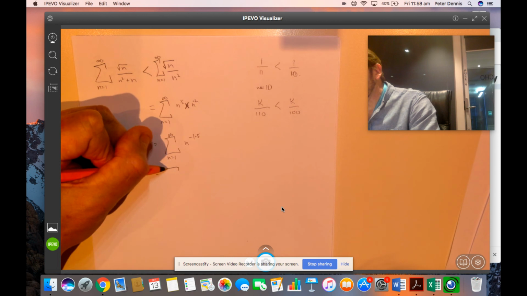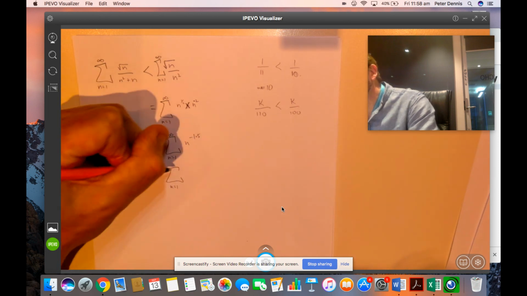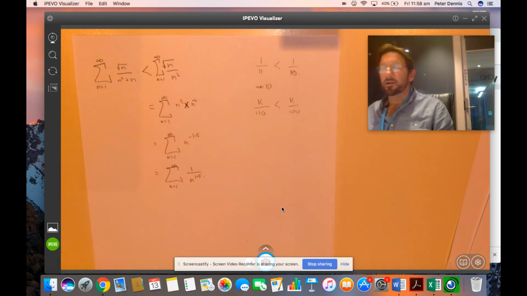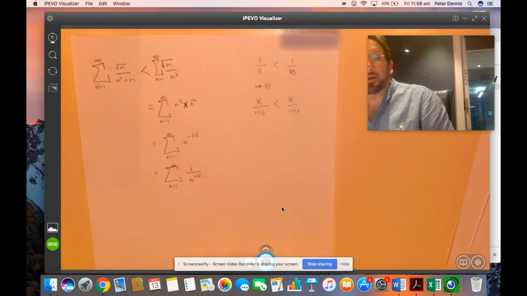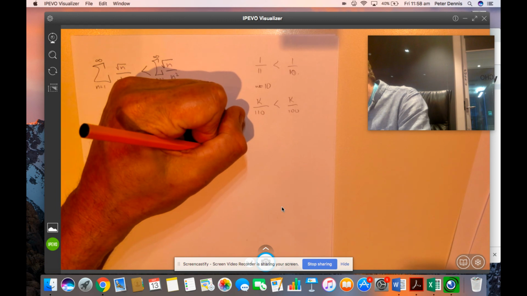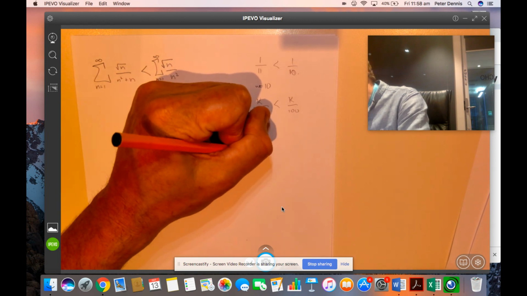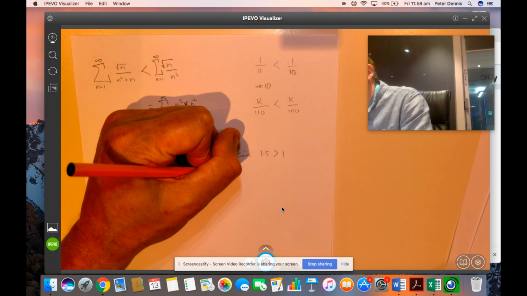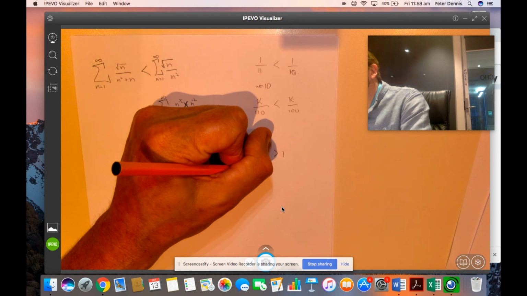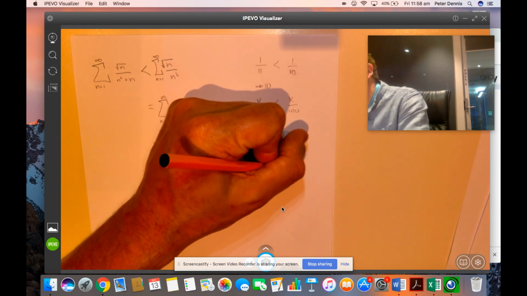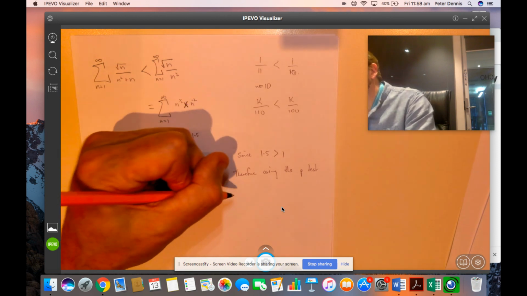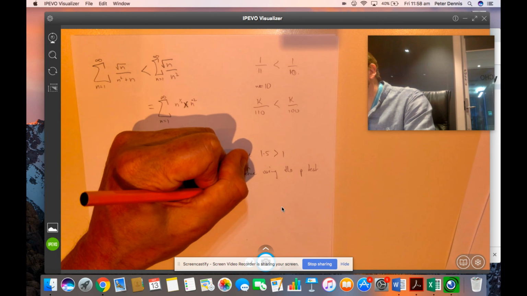This was a really long way of doing it, perhaps. It's the sum of 1 over n to the power of 1.5. There are probably lots of other ways you could have done that a lot quicker. And again, because of the p-test, since 1.5 is greater than 1, this series is convergent.